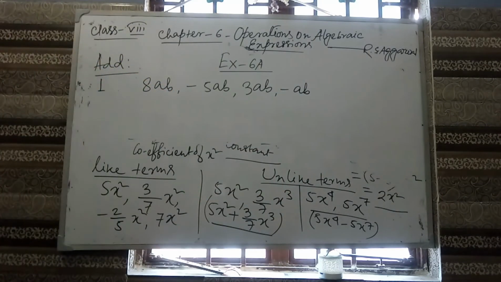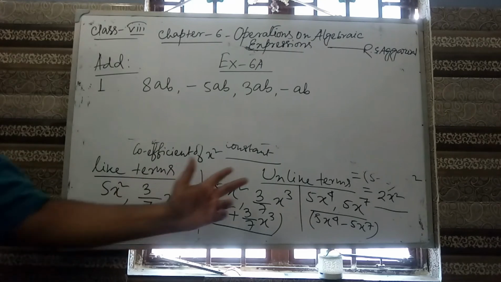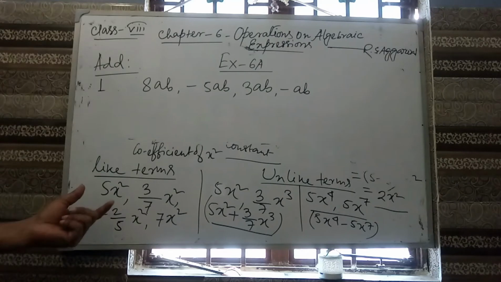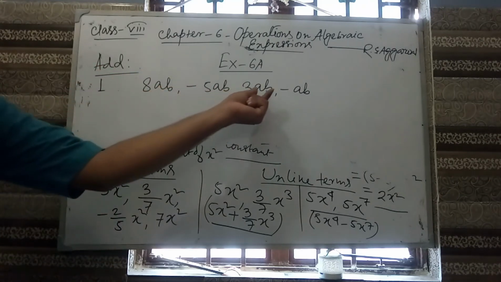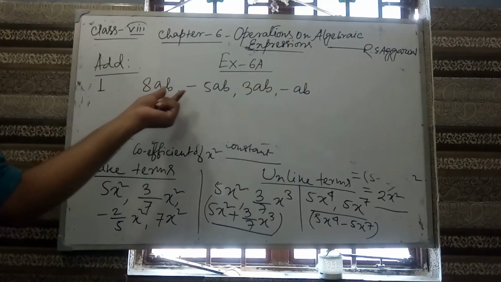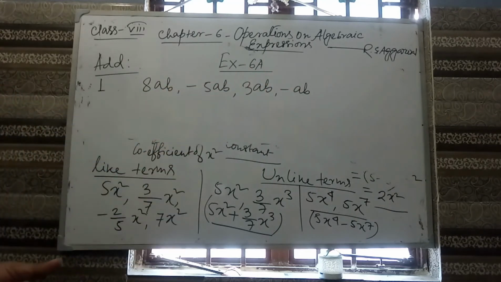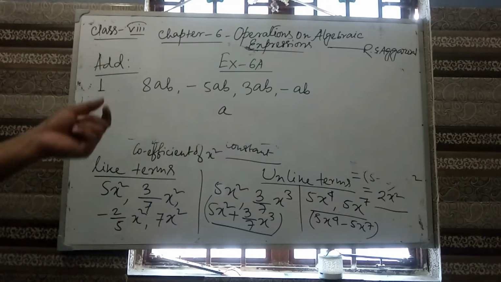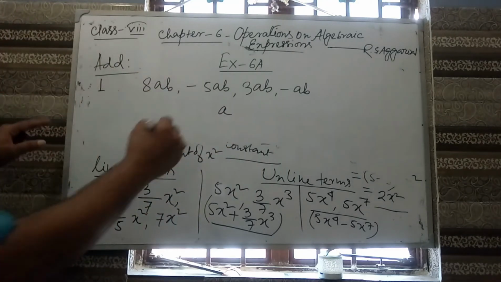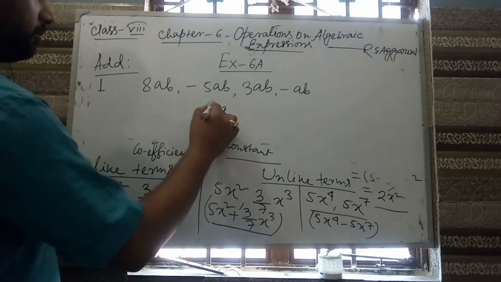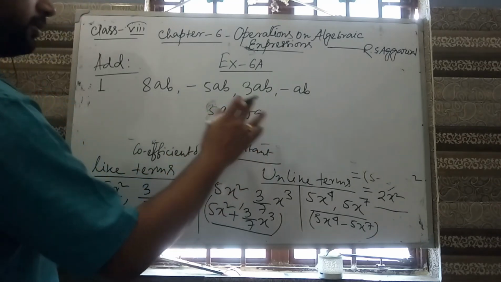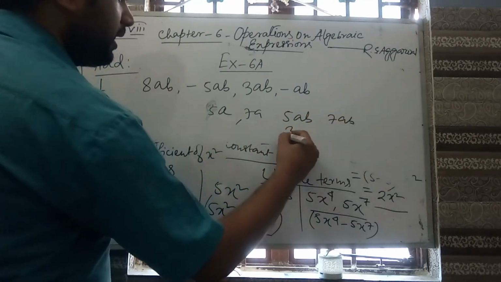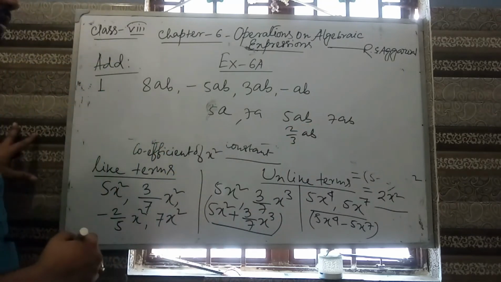Now look, for the case of like terms and unlike terms, I have taken x square. But AB, these can also be taken as variables. If there is A present in the given sum, only A, so suppose 5A, 7A, these are also variables. 5AB, 7AB, 2 by 3AB, all these are variables.